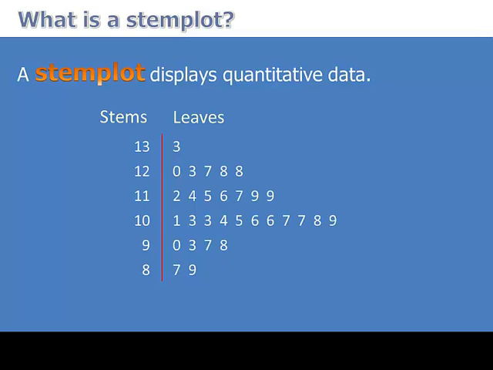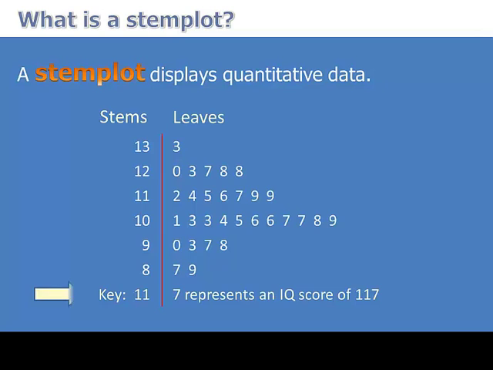The IQ score represented by an individual leaf is equal to the value of the stem plus the value of the leaf. In this stemplot, the stem represents tens and the leaves represent ones. Sometimes, but not always, a stemplot will include a key to help readers interpret values correctly.